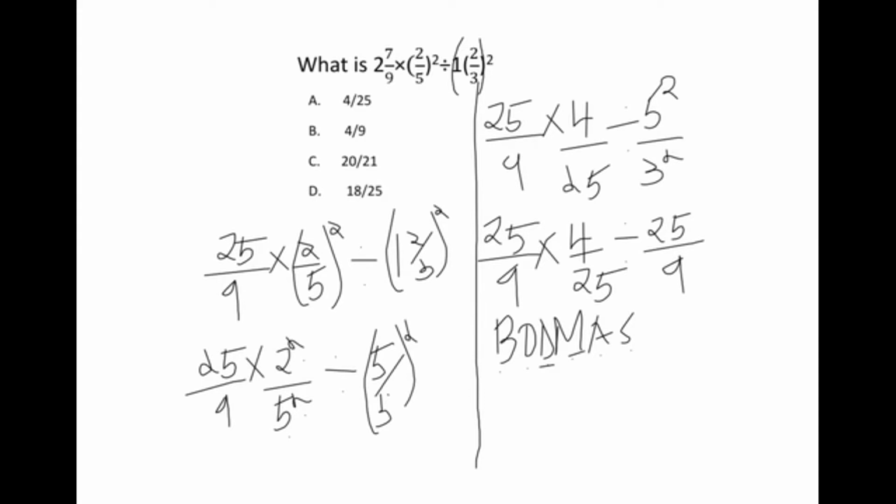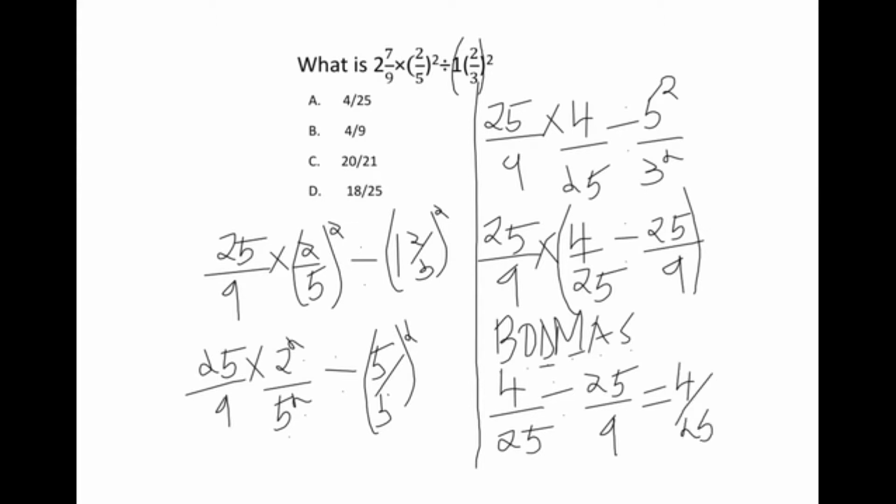So we are going to divide 4 over 25 by 25 over 9. When we are dividing a fraction, we multiply by its reciprocal.